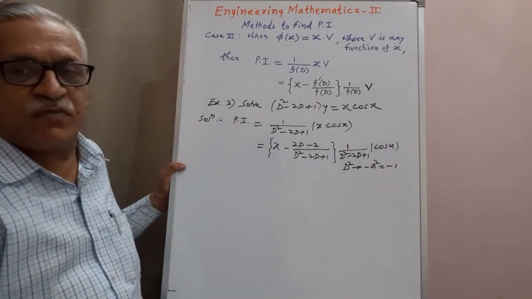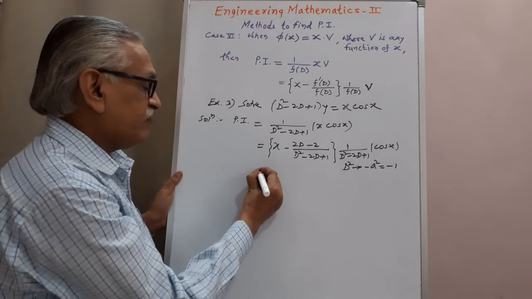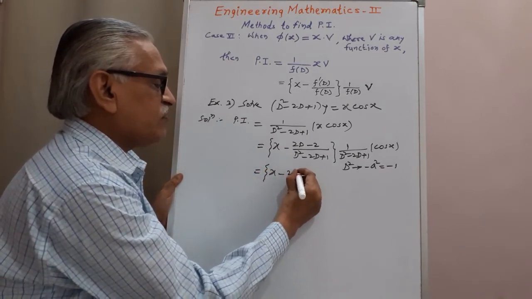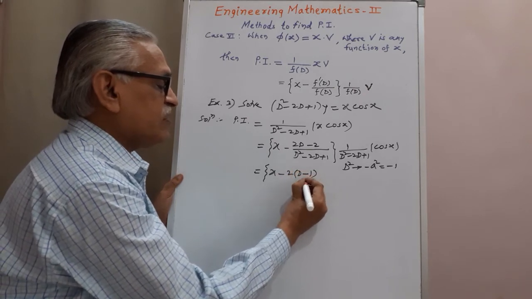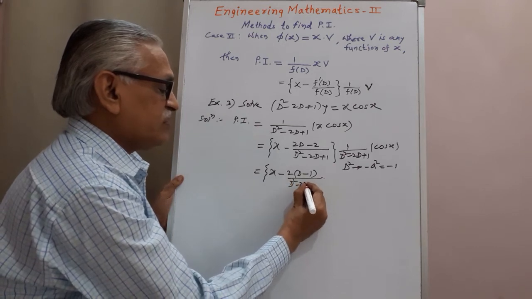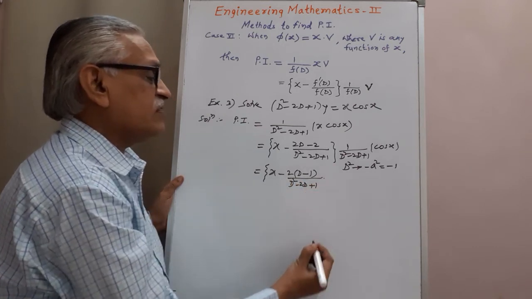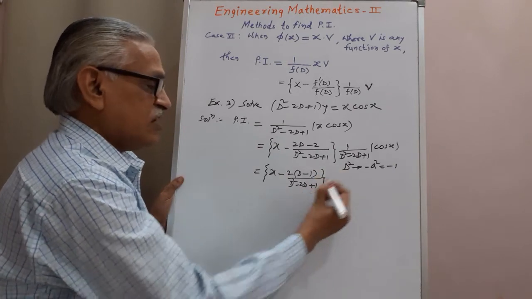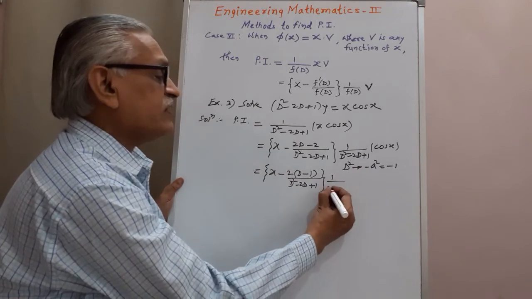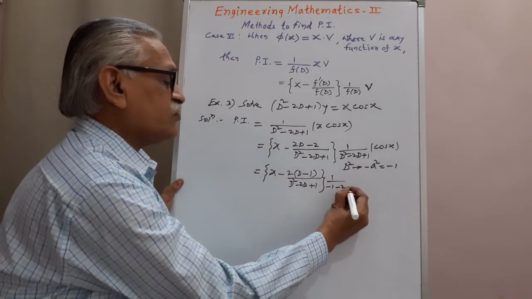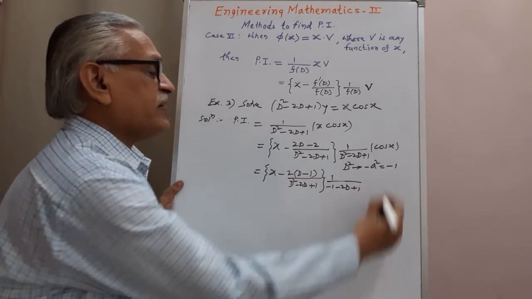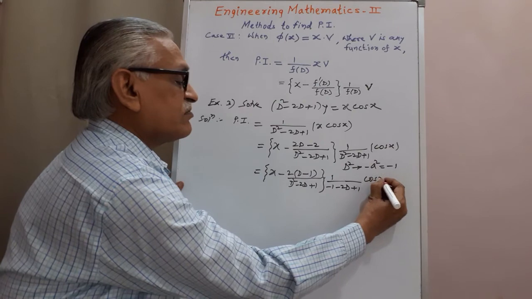Therefore, replacing D square by minus 1, we get x minus 2, we can take common, D minus 1 divided by D square minus 2D plus 1, bracket close, 1 upon, replacing by minus 1, we get minus 1 minus 2D plus 1, operating it on cos of x.